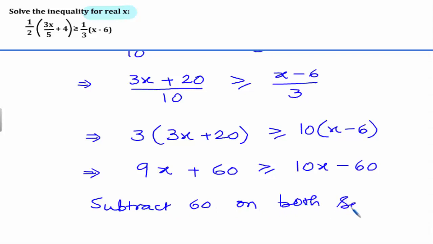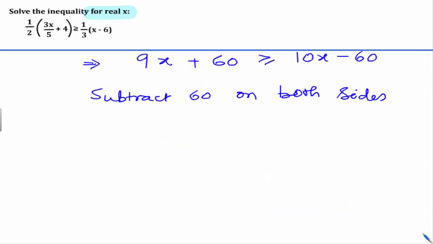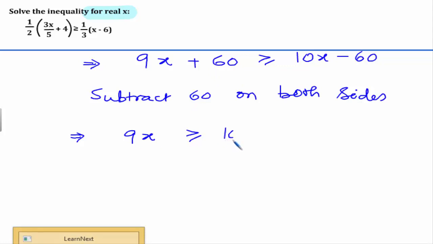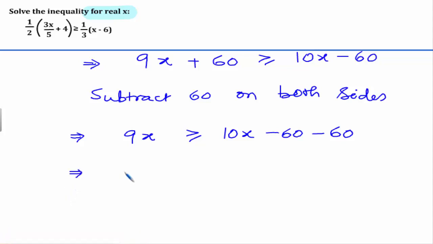Then we get here 9x, and 60 is subtracted, so this gets cancelled, greater than or equal to 10x minus 60 and another minus 60. This will be 9x greater than or equal to 10x minus 120.